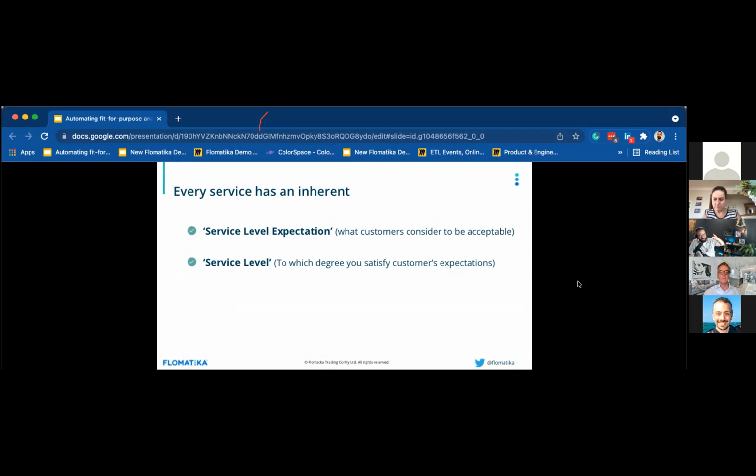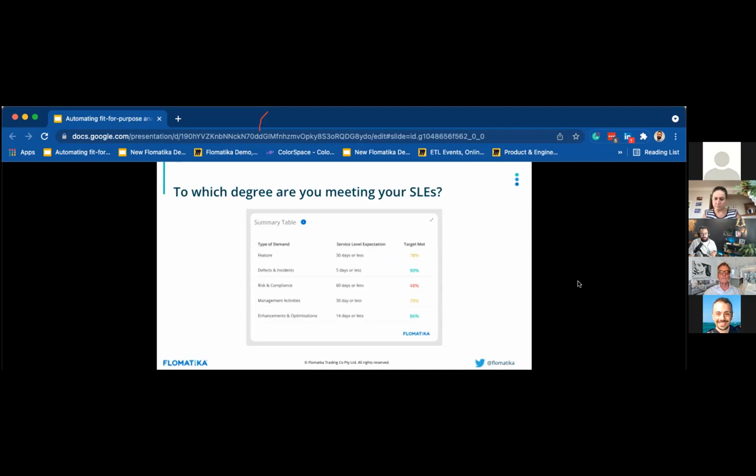So there are two different things, and you need to understand both. You need to understand what your customer expects for every different purpose, for every different demand, and how fit you are in relation to that expectation. What is your fitness level? That's a way of looking at it. For instance, in that example, features are expected to be completed in 30 days or less, and let's say that service is meeting that expectation 78% of the time.